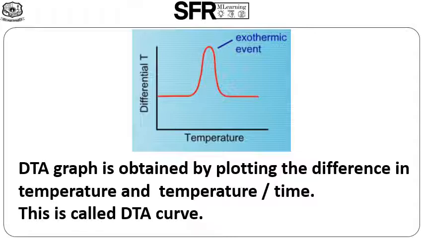This is the DTA graph. This is obtained by plotting the temperature difference along the y-axis and the temperature or time along the x-axis. See, in the graph we can notice the exothermic peak, that is the upward peak.